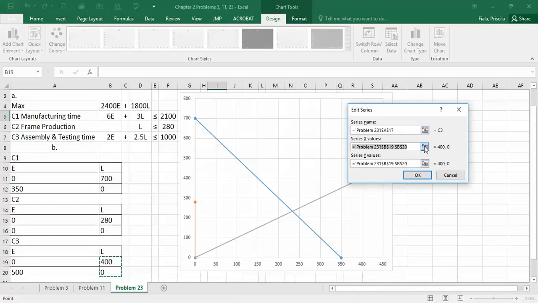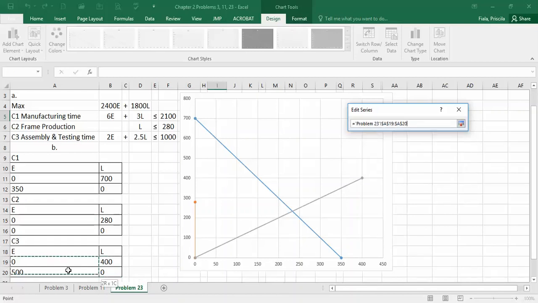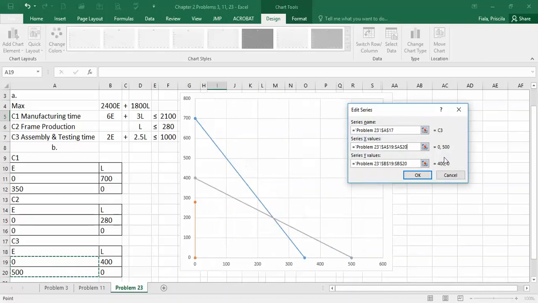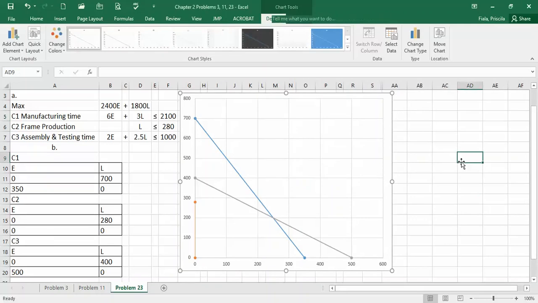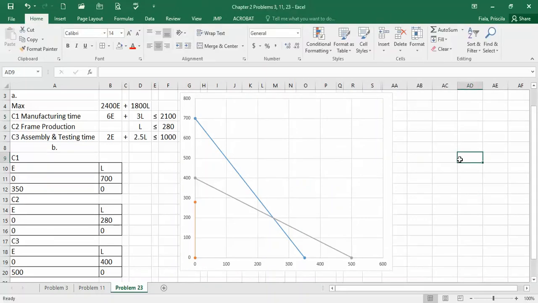This first one is supposed to show 0 and 500. That's how you confirm that you have the correct value. Do OK, and then OK. You could include the 0, 0 for the orange, but you don't really need it because right here you have a point that is going to come from here. So just do OK, and here's your graph.